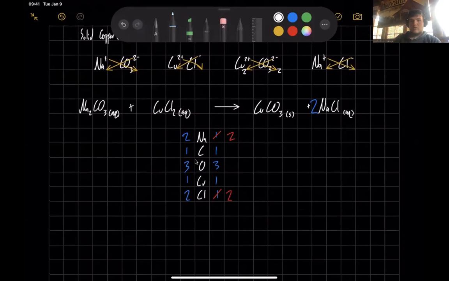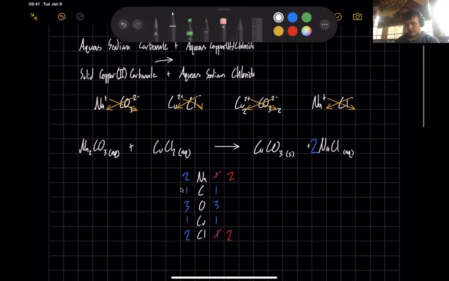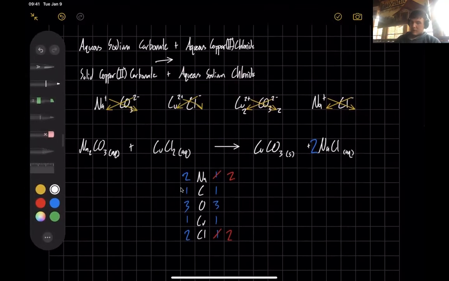Yep. So that is it for this quick example problem. It was good practice for going from your ions, bringing back those polyatomic ions from the beginning. You have to remember to include these little signs down here: aqueous, solid, gas, liquid.